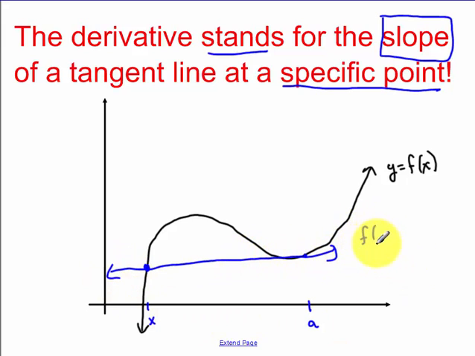Well, that's f of x minus f of a all over x minus a. But remember, we're looking for the slope of the tangent line, and I'll draw the tangent line in at point a. It would look something like that. So I need to bring x towards a. That's why it's a limit.